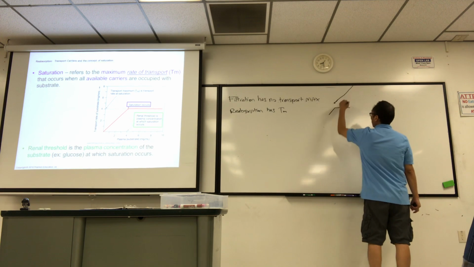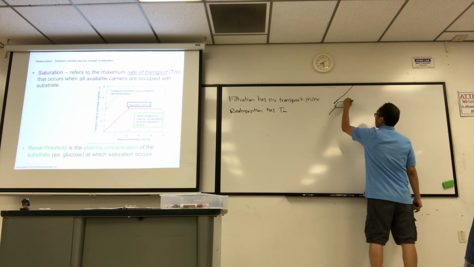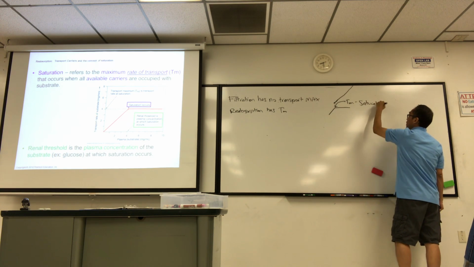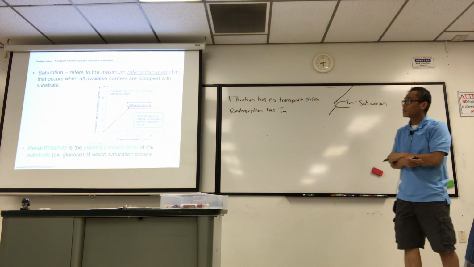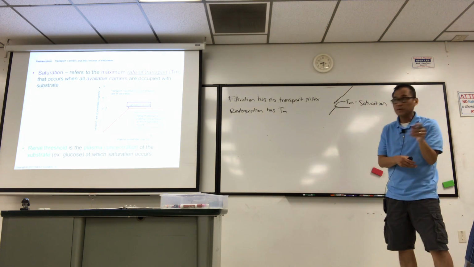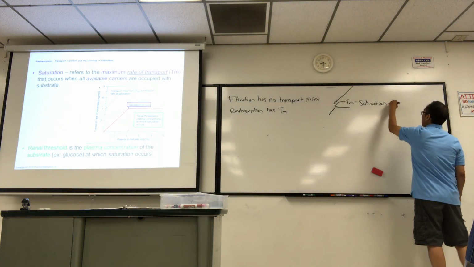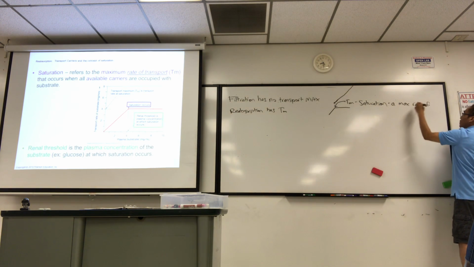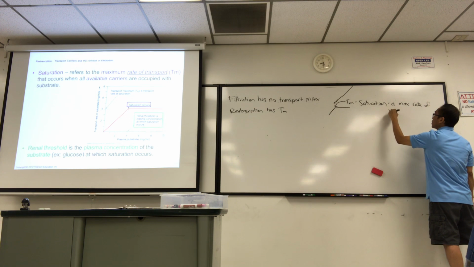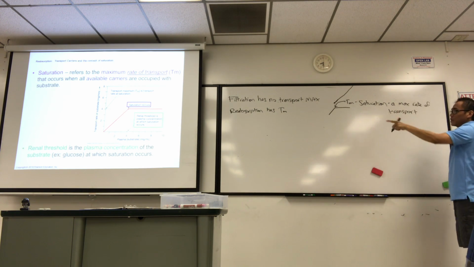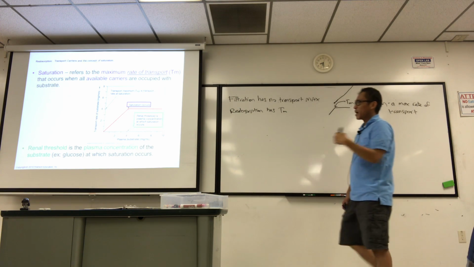So saturation, on my little line on the board here. Saturation, to define it, is a maximum rate of transport for reabsorption. A max rate of transport. So if you look at the units, you're transporting at a rate.